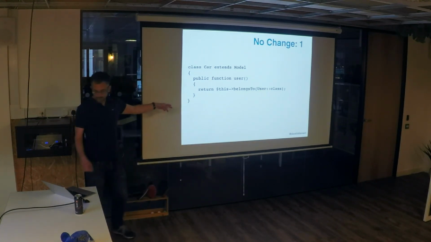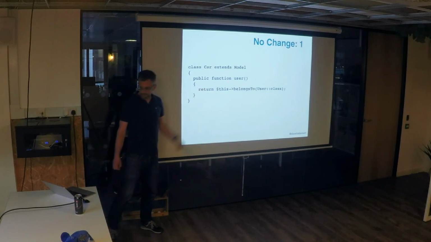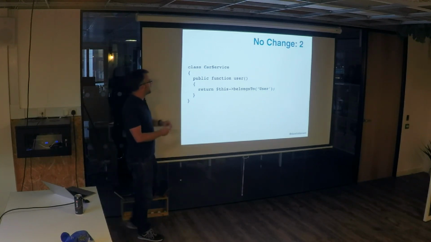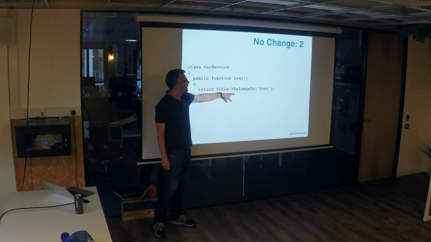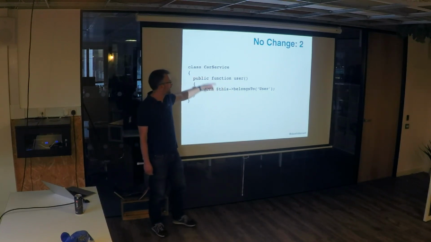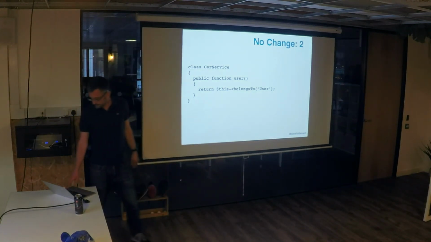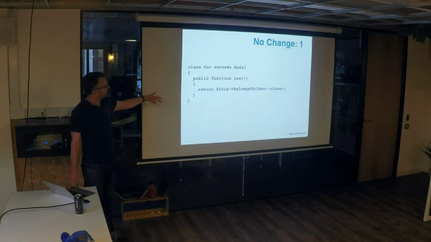So this is one example, the belongs to where we're already using the const fetch. And the other bit of code we wouldn't want to change is if we were not in a model. So if we had a call to belongs to, but not on a model class, and that's a string, we want to leave that unchanged. So we've kind of got this is something we want to change, and we've got two examples of things that we don't want to change.